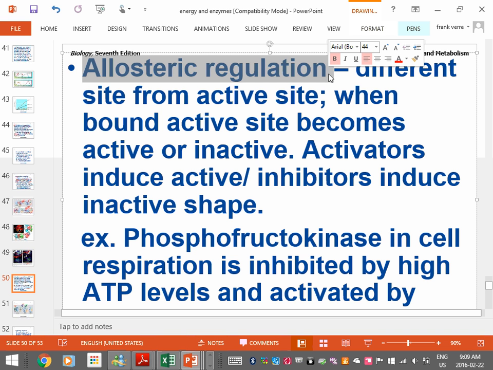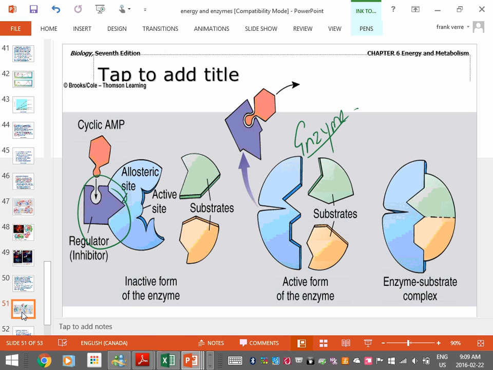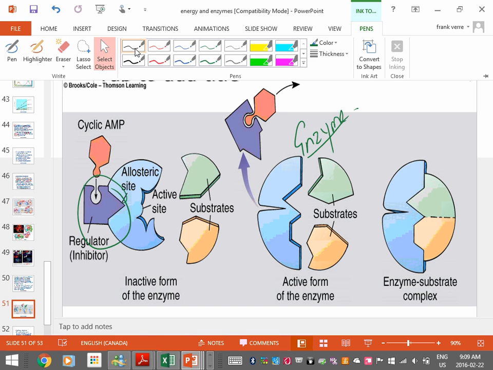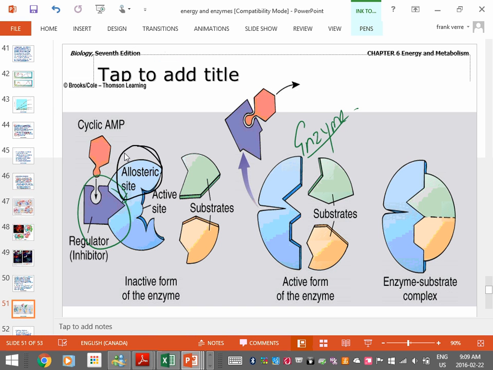So allosteric regulation behaves like non-competitive inhibition. Right? Behaves like it. Very similar in that you have a molecule that attaches itself not at the active site. And in fact, it attaches itself at an area called the allosteric site. So you can see it right over here. Okay, it's called the allosteric site.